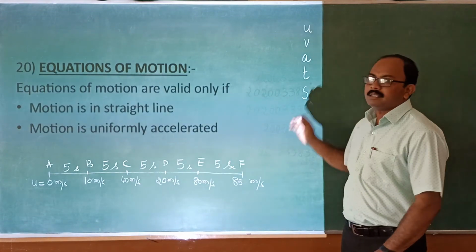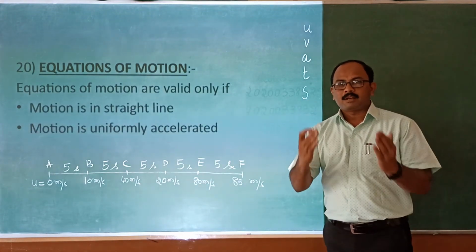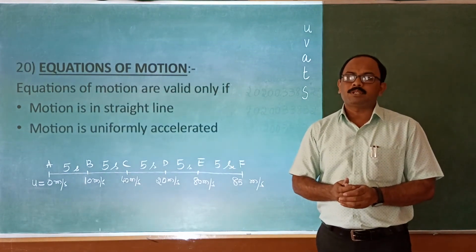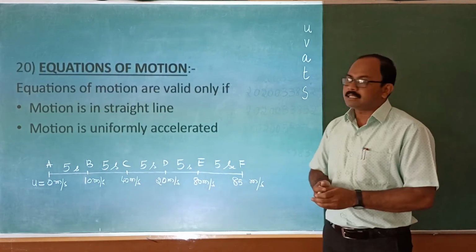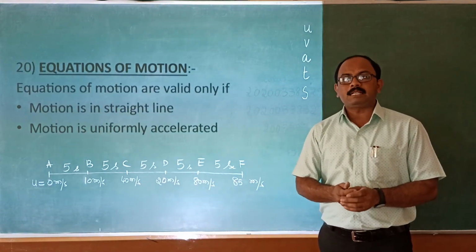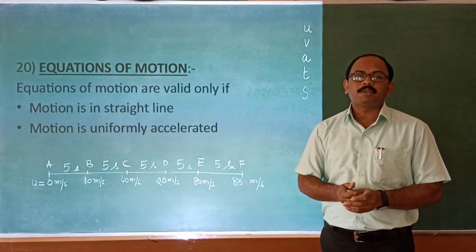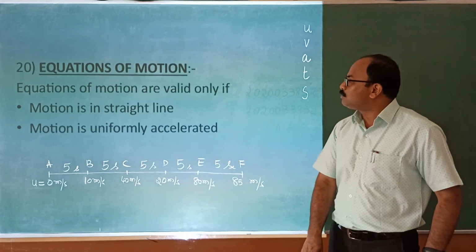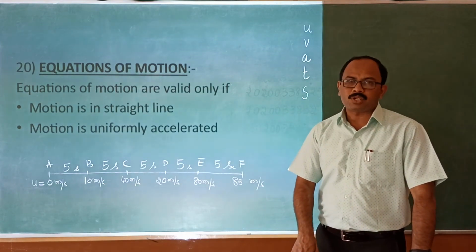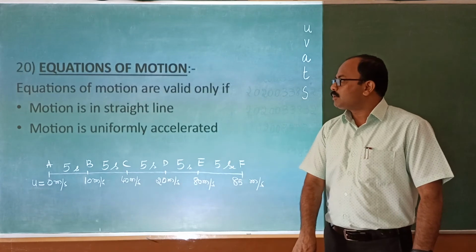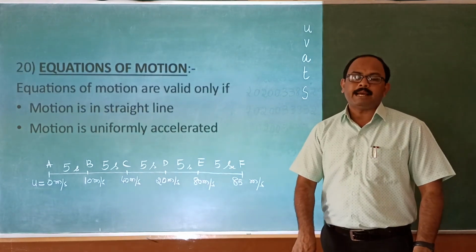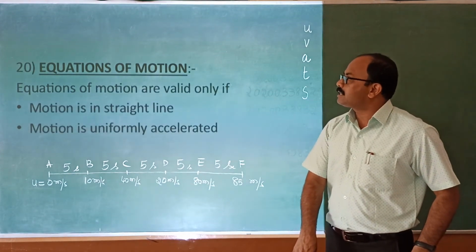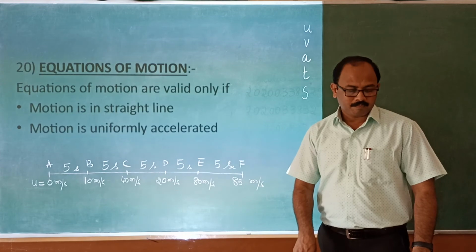All these letters are combined in the form of equations called equations of motion. These terms are related by a set of equations called equations of motion. Equations of motion are valid only if the motion is in a straight line. Second, the motion must be uniformly accelerated. These are the two conditions which are necessary for equations of motion.